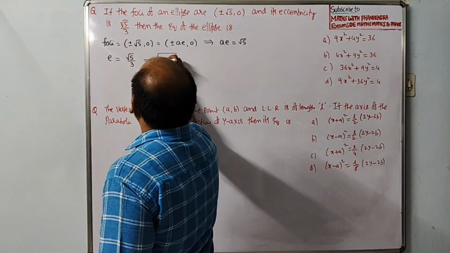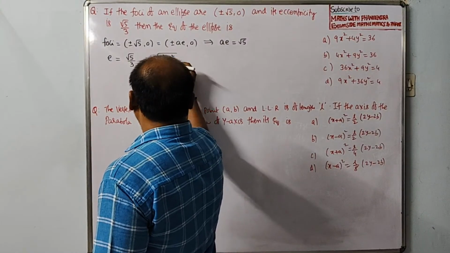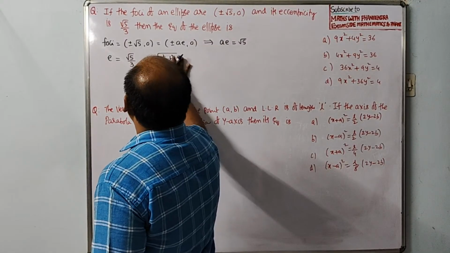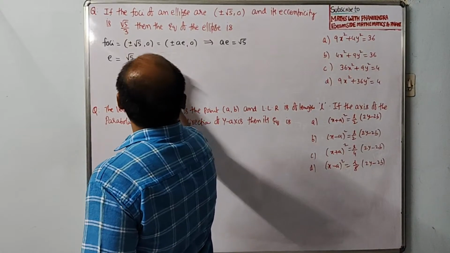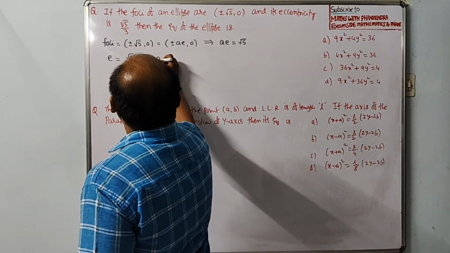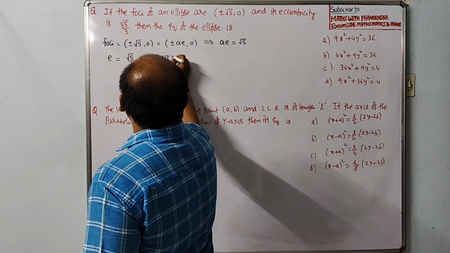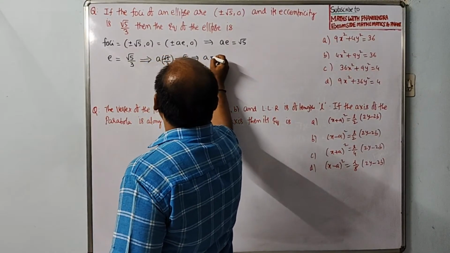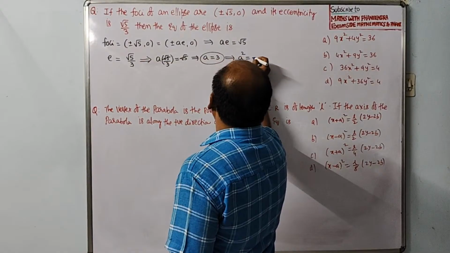Root over a square minus b square divided by a. By using this, that implies that a into root 5 by 3 is equal to root 5. From this a value we got it now. So whenever a value you got it, a square is equal to 9.